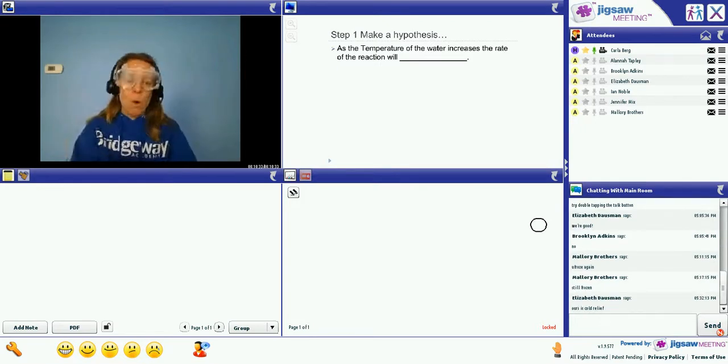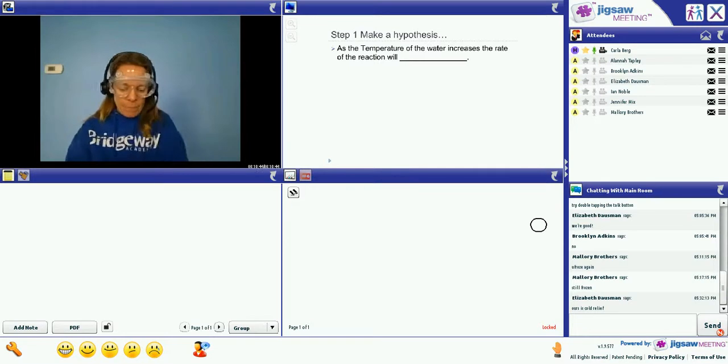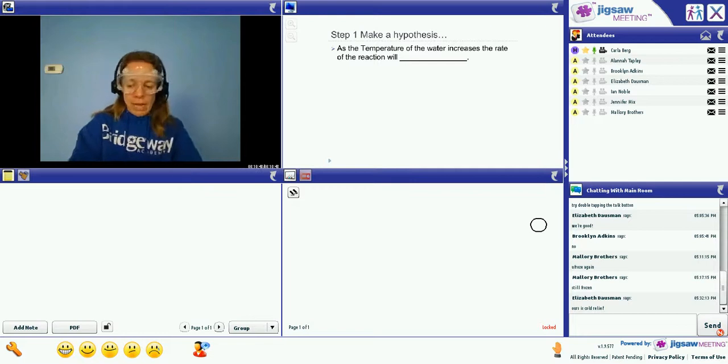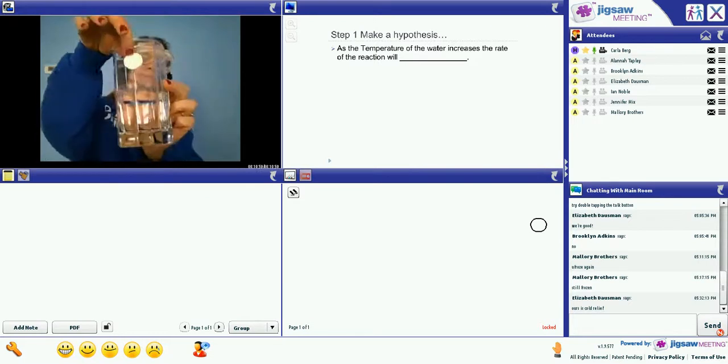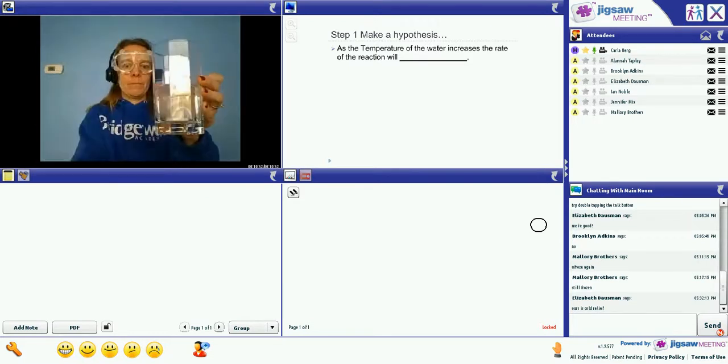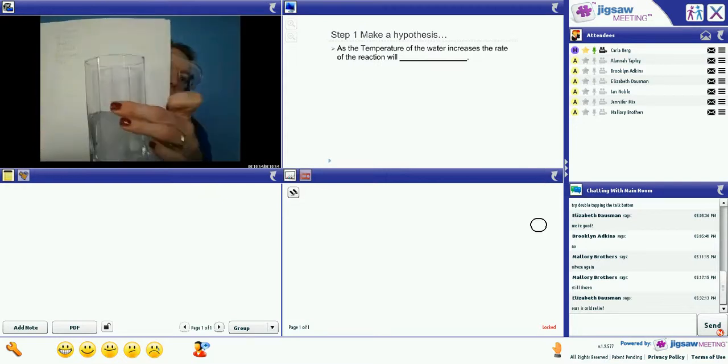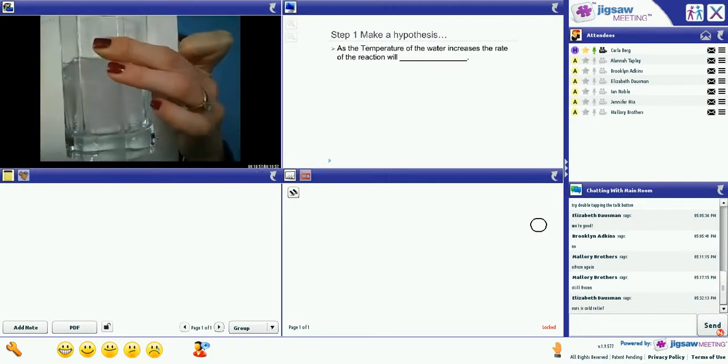However, what it does when I drop it in water, and I'm going to show you guys right now, I do not want you to be doing anything right now. I'm going to take an Alka-Seltzer pill and drop it in room temperature water. And I want you to see what it does. It is bubbling.